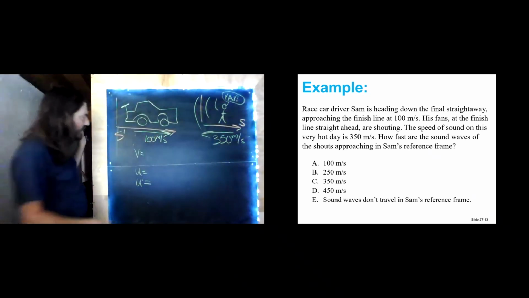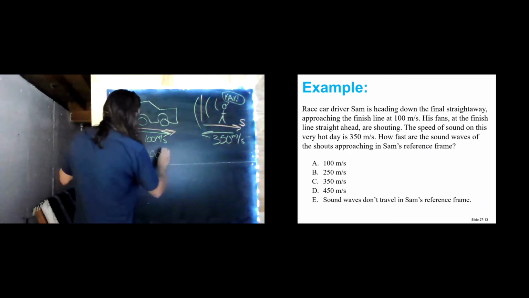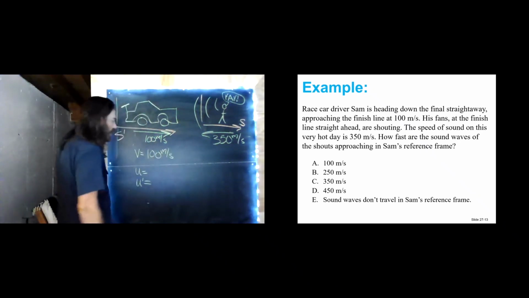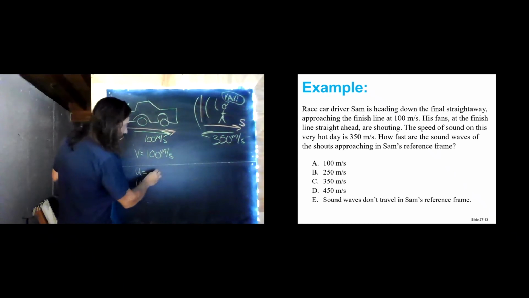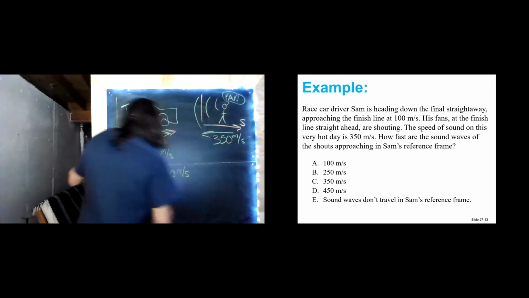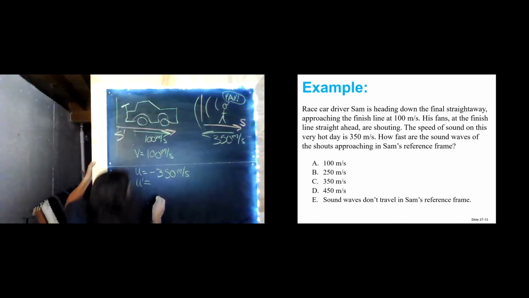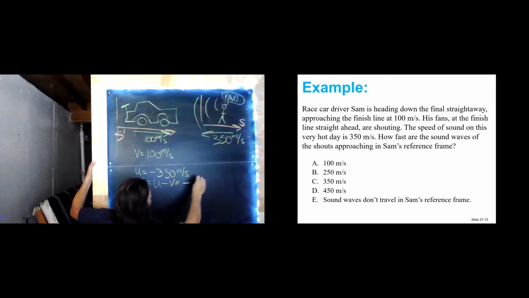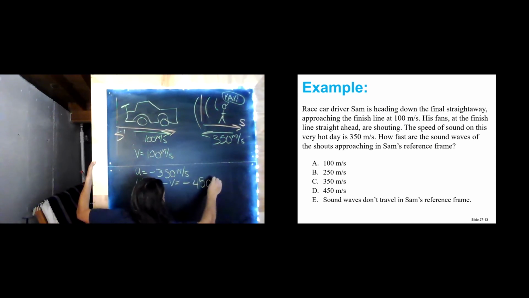So that makes V 100 meters per second. It makes U negative 350 meters per second. U prime is U minus V, which is negative 450 meters per second. Okay.